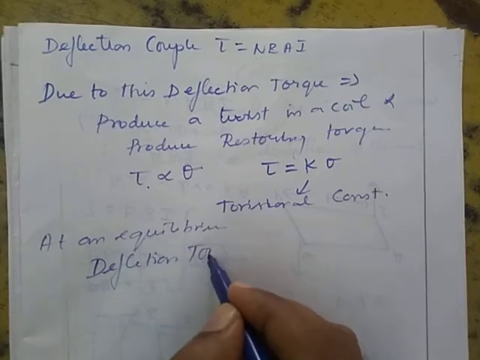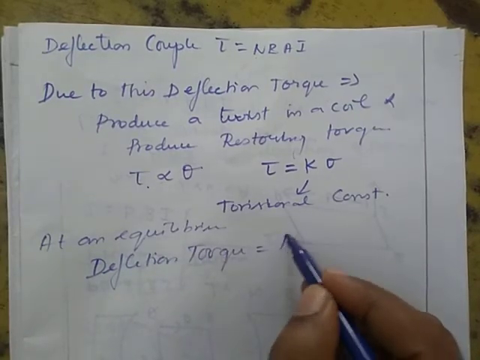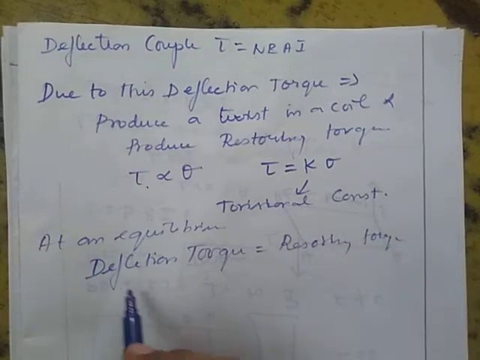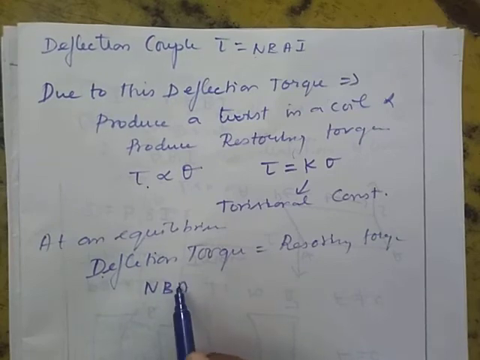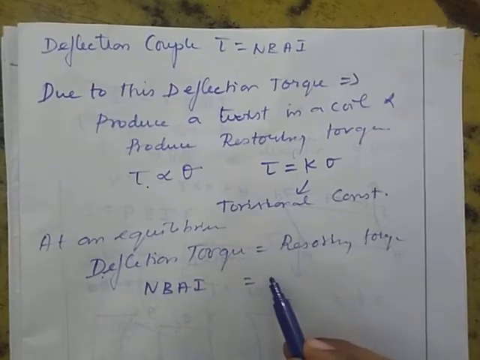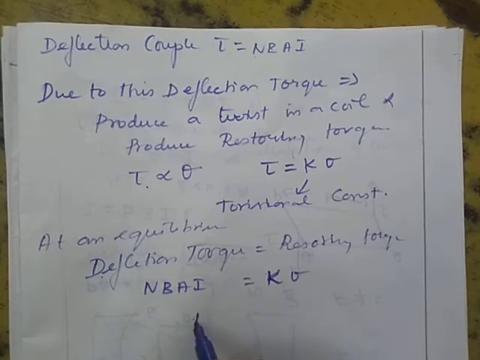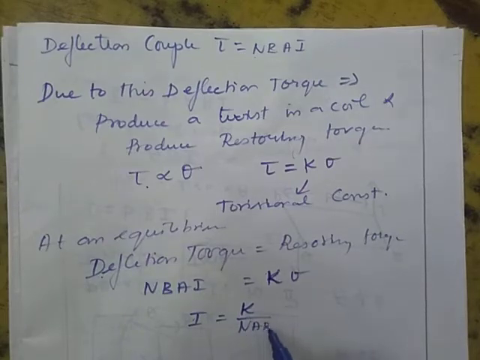We know the deflection torque is N B A I, and that is equal to the restoring torque, kappa theta. It is not K, it is kappa theta. Rearranging this, current I is equal to kappa by N A B, times theta.